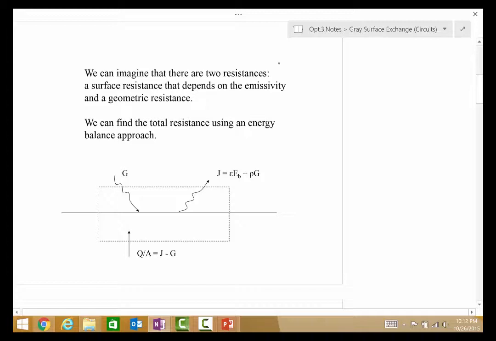As we just noted, we imagine that there are two resistances: a surface resistance that's associated with the emissivity of each of the surfaces, and a geometric resistance. To find this total resistance, we use energy balance ideas. And first of all, we need to think about what it means for this surface resistance. To really understand the surface resistance, we do a surface energy balance.